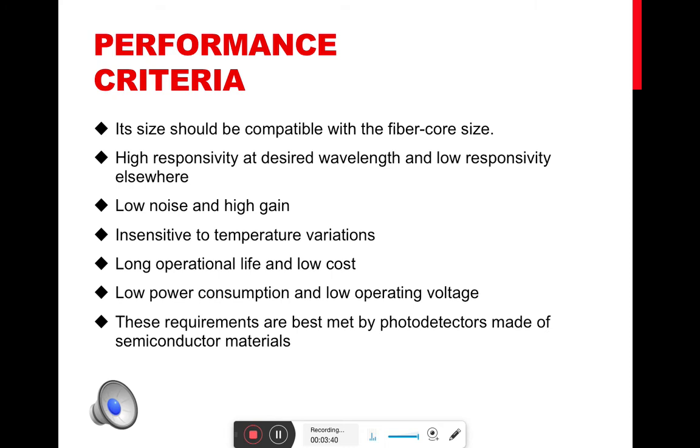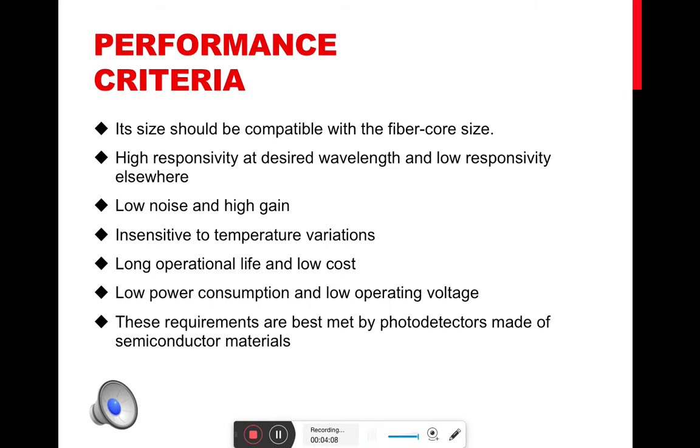And you should have high responsivity at the desired wavelength and low responsivity elsewhere. This is nothing but the selection of the desired wavelength. Our input signal will be traveling at a particular wavelength, so the receiver should have high responsivity at that wavelength, and it should reject other wavelengths. That is, it should have low responsivity towards the undesired wavelength.